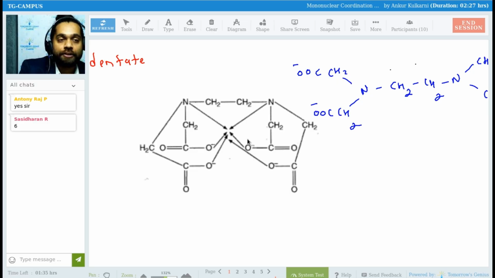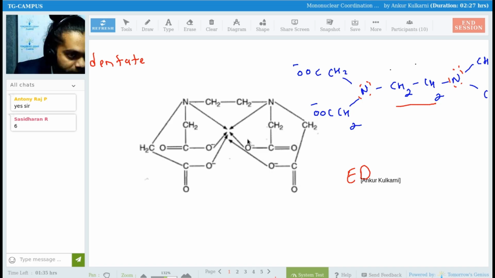Okay, look over here. I'll tell you. 2 carbons means it is ethylene. 2 nitrogens means diamine. Ethylene diamine. 1, 2, 3, 4, 4 acetate structures.